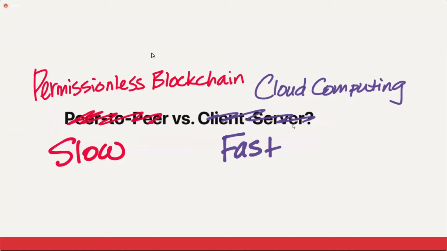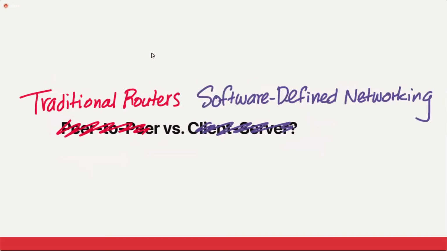For example, if we change the scenarios to something like traditional routers versus software-defined networking, traditional routers run their protocols in a peer-to-peer manner when they exchange information across neighboring routers. And software-defined networking is trying to say, let's separate the data plane from the control plane, and let's run the control plane more like a server.